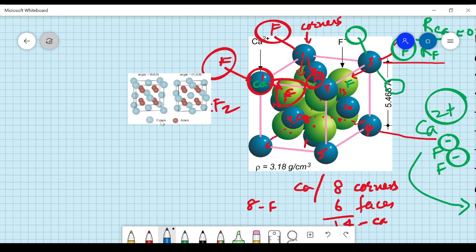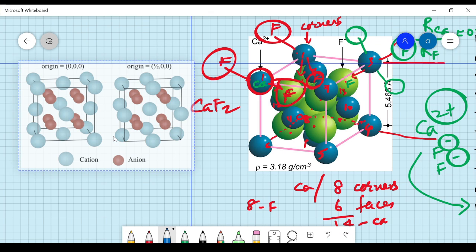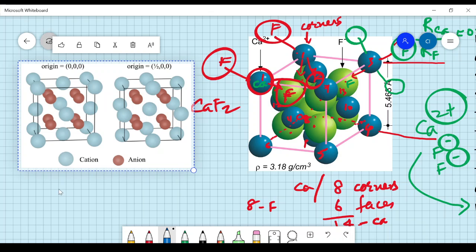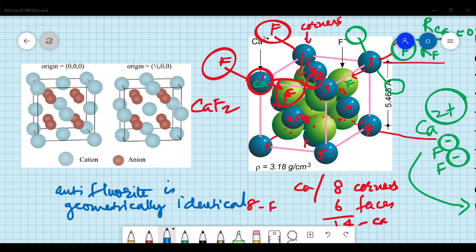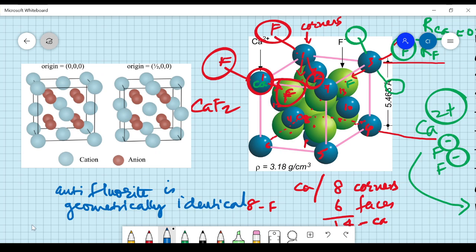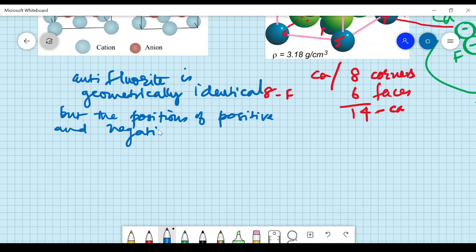The anti-fluoride structure is geometrically identical with the fluoride structure, but the positions of positive and negative ions are interchanged.